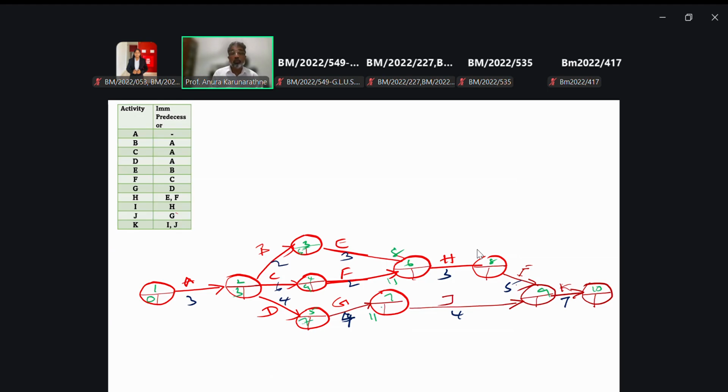Now, here this is 11. Here you have to take the maximum as per the forward pass approach. So you reject here. 11 plus 4, that is 14. 11 plus 3, this is 14. 14 plus 5 is 19.